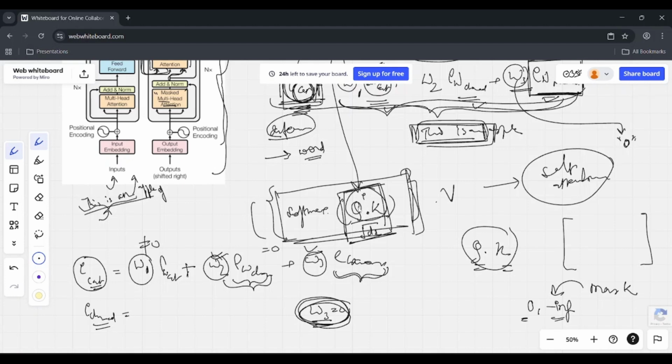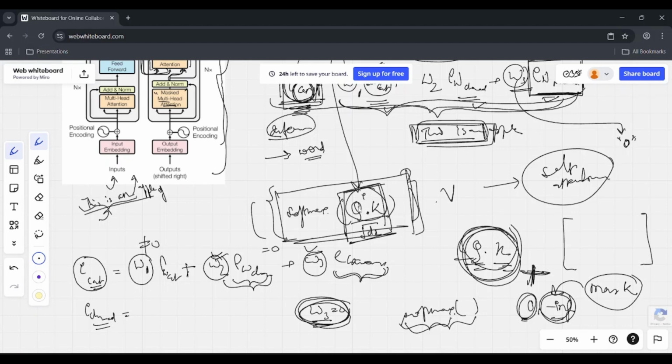And why does it work? Because in the softmax, we add this matrix in this part. Wherever 0 is coming, when we add it with the corresponding element, that element will come as it is, so the weight will come as it is. But when it's minus infinity, adding it with something will give minus infinity again.